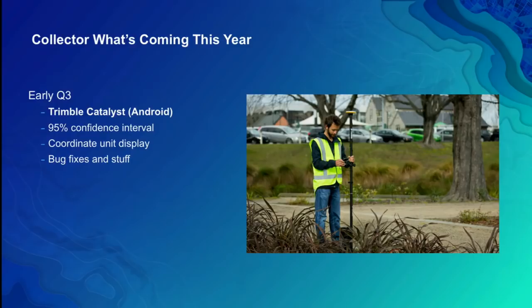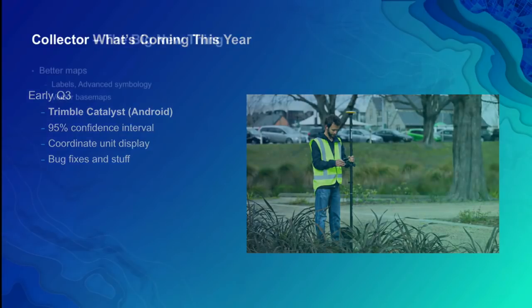Today it's a 68% confidence, which is kind of more of an industry standard. But their standard, which is a federal government standard, is 95%, if I've got that right. And then we're looking at doing some work with coordinate unit display as well.